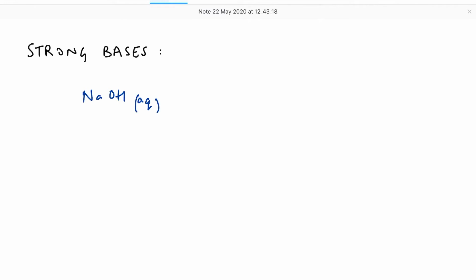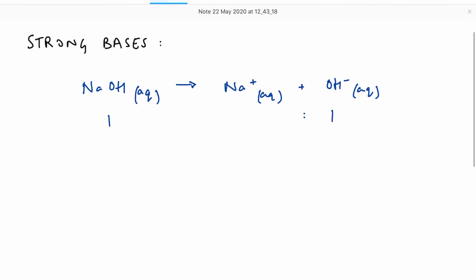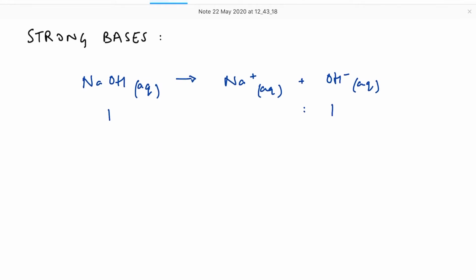Because it is a strong base, we can assume that it dissociates fully in solution to form sodium ions and hydroxide ions. Because we're assuming full dissociation, we can assume that the concentration of hydroxide ions is the same as the initial concentration of the sodium hydroxide. We can see this from the equation here. It's a 1-to-1 molar ratio.